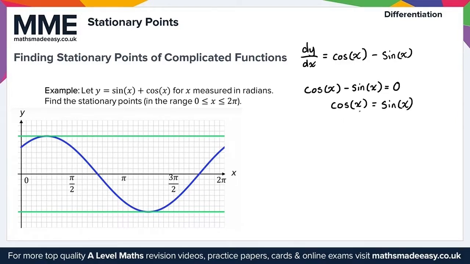If we divide both sides by cos x, we get tan x equals 1, just using our trig identities. We can simply find x by taking tan inverse of 1. That gives us two solutions: pi over 4 and 5 pi over 4.